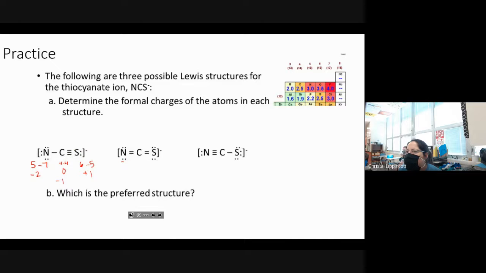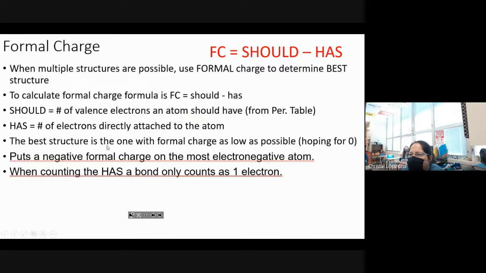So 1, 2, 3, 4, 5. So just the bonds, not the lone pairs. Correct. That's why we run through some of these. Just the bonds. I think that's what I wrote in the notes when I rewrote it: a bond counts as 1 electron. That should have been in your notes. I'm sorry.